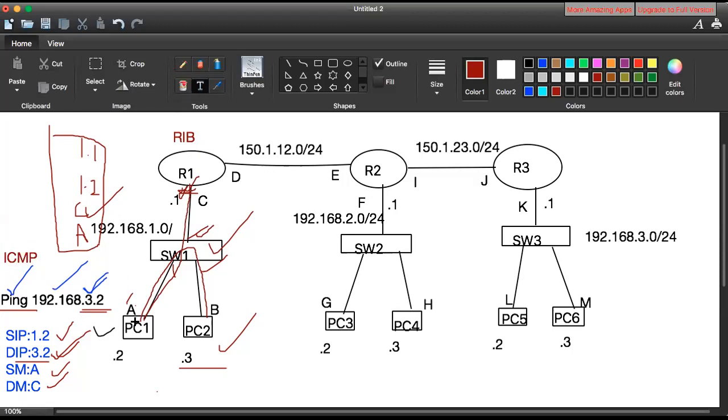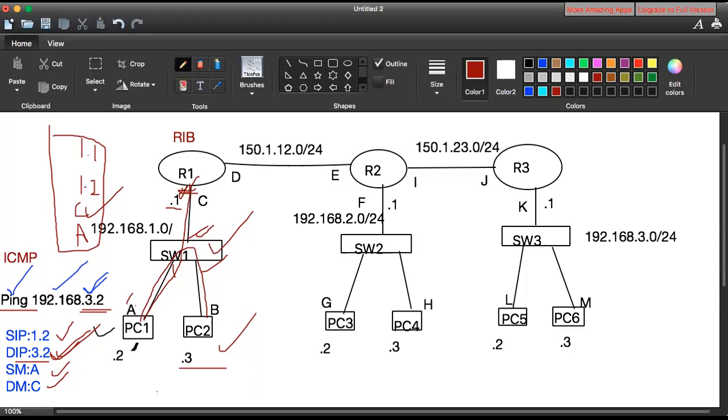ICMP tells the originator what exactly happened to that packet. So ICMP is going to generate a message over here in PC1 saying reply from .1, destination host unreachable. That means the issue is while the packet is going outside, in the outgoing direction.